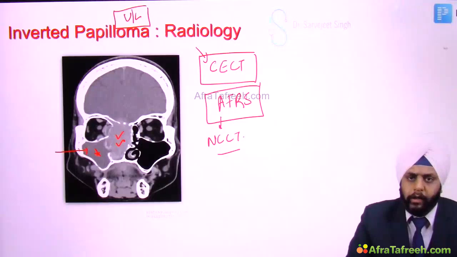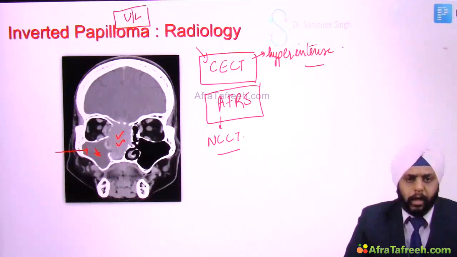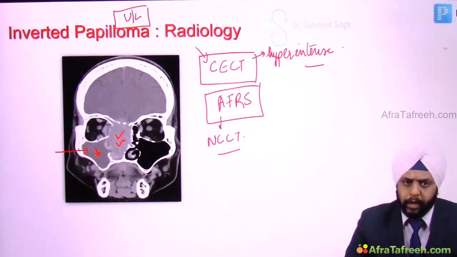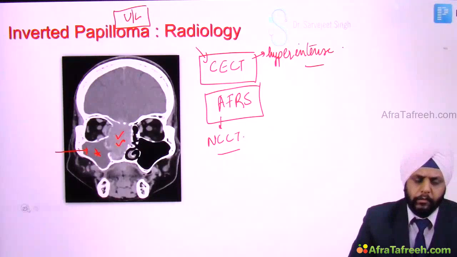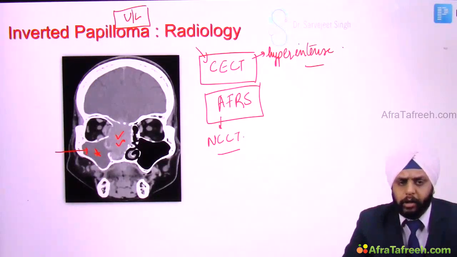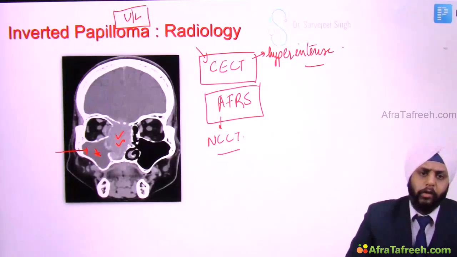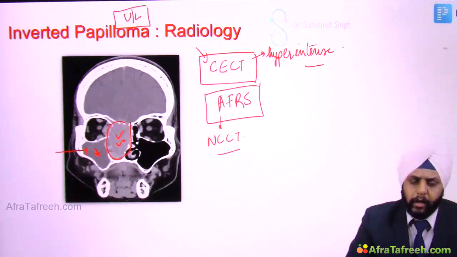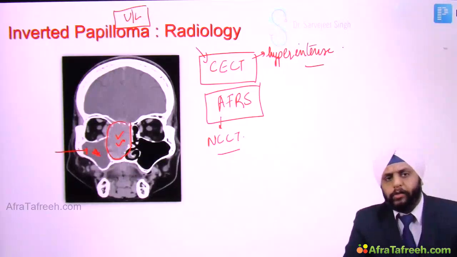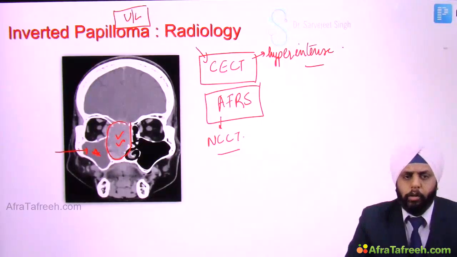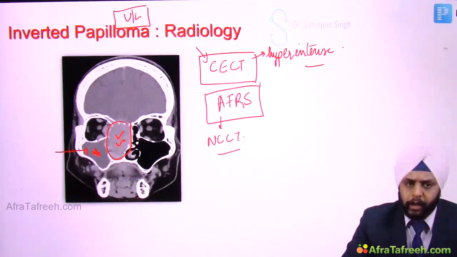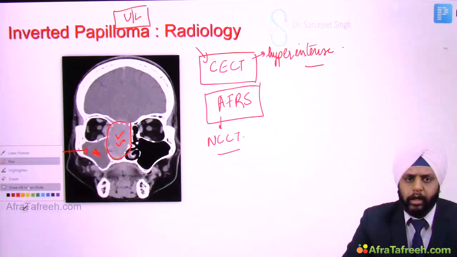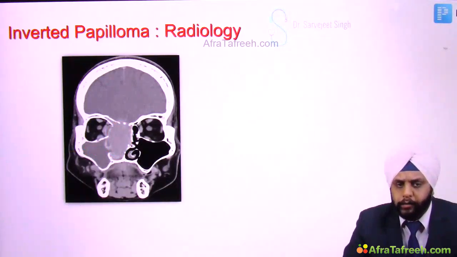So this is hyperdense. It is not isodense, it is not equal in density to the maxillary sinus. Why? You see, this is the mass in the nasal cavity, and this is the collected secretion. Because the secretions of the maxillary sinus are not able to go out, they have collected inside the maxillary sinus, right? So we can clearly see that there is a difference.